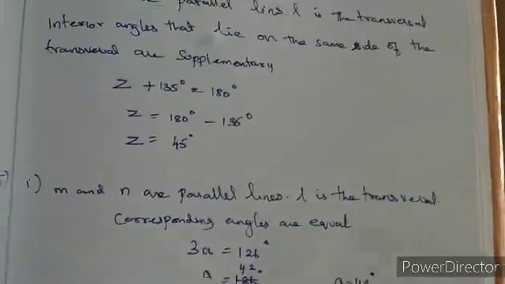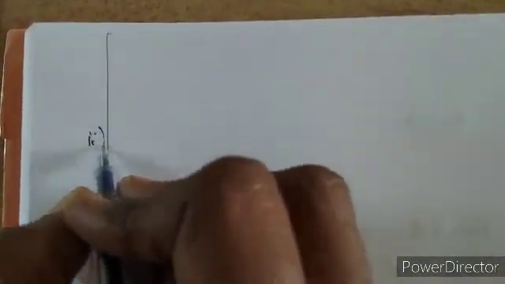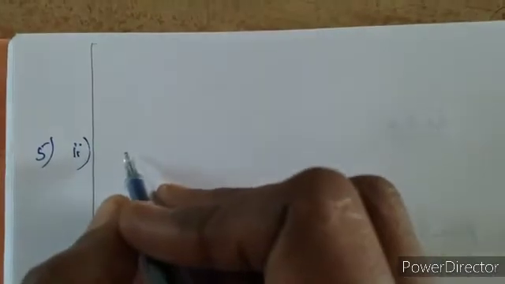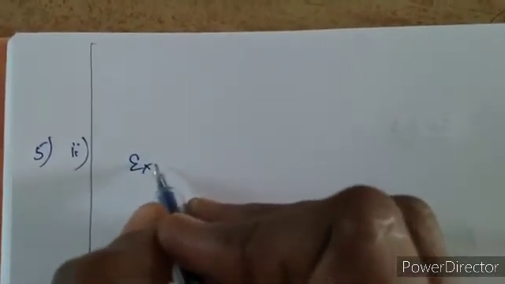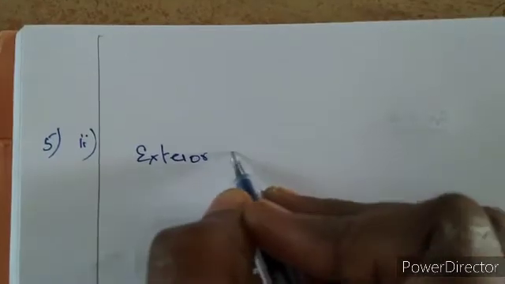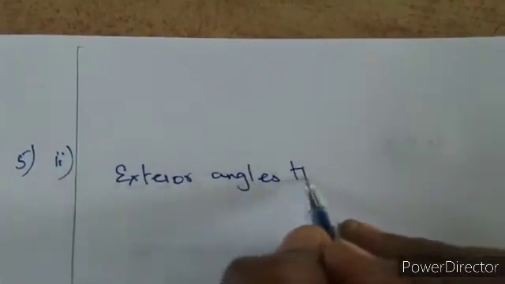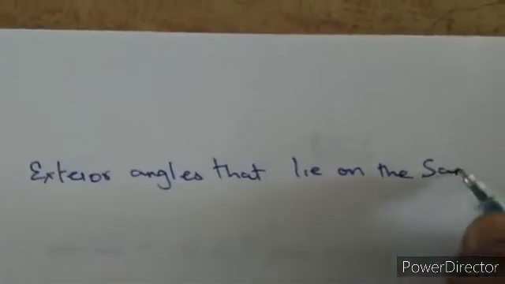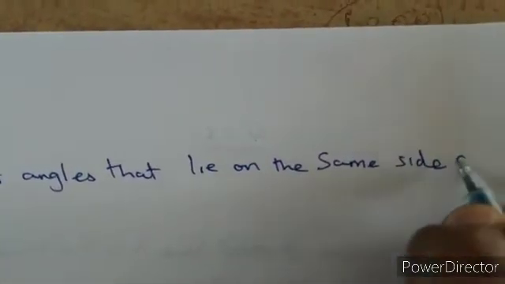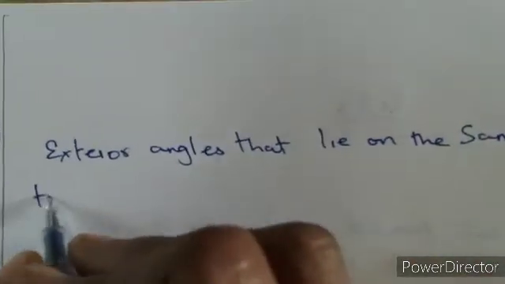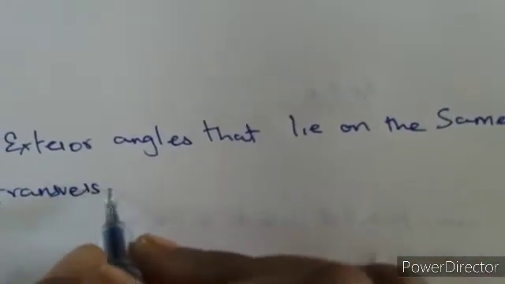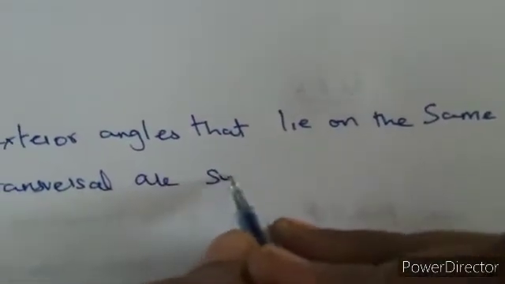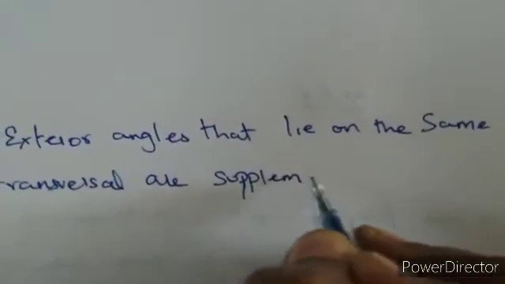Next sum, subdivision 2. Question number 5, subdivision 2. Here, exterior angles that lie on the same side of the transversal are supplementary. If they are on the same side of the transversal, they are supplementary, so what we will do?